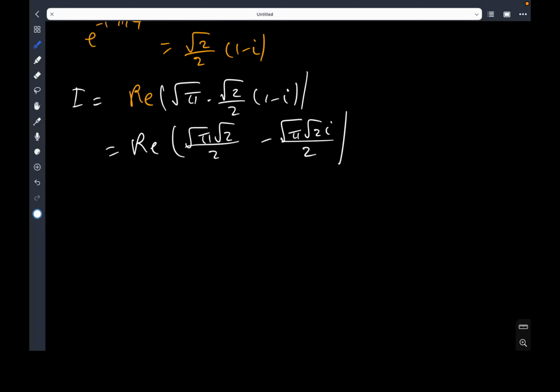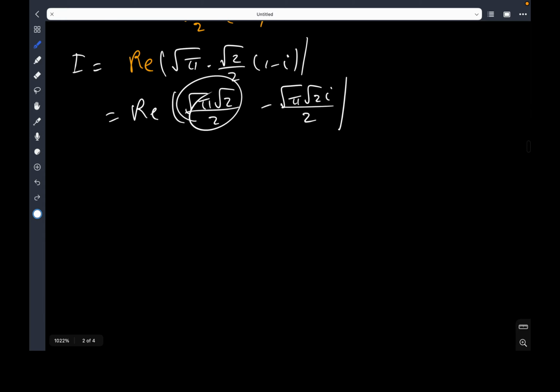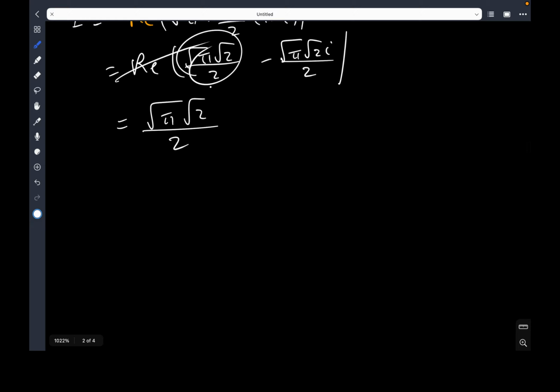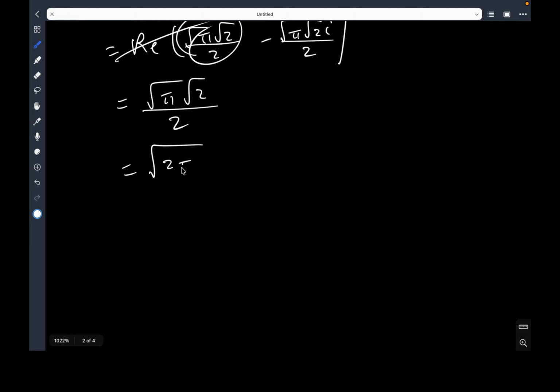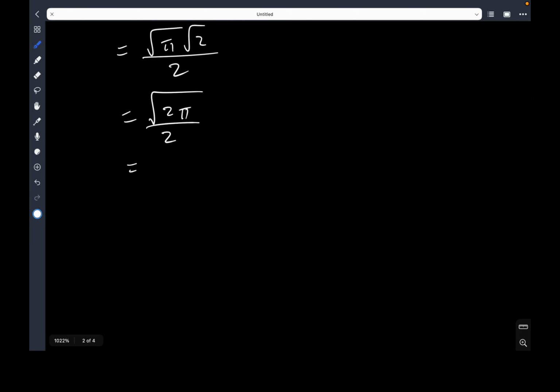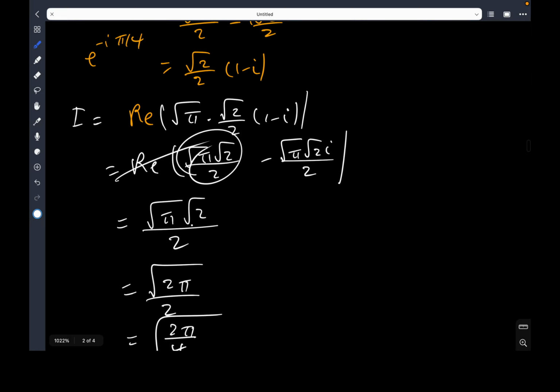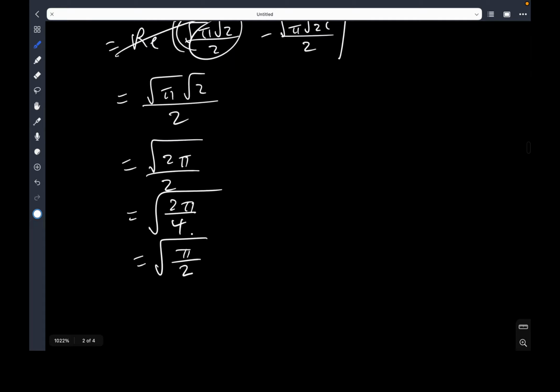Now the real part of this number, we can actually say it is just root pi root 2 over 2. We can get rid of this one, and we can write it as root 2 pi over 2. Moving this under a radical sign would be 2 pi over 4, which is root pi over 2.